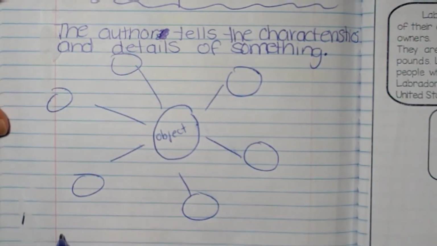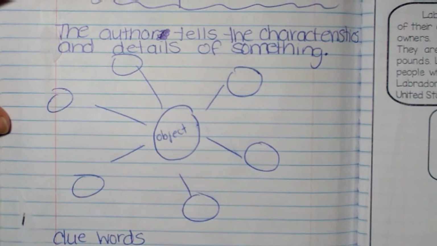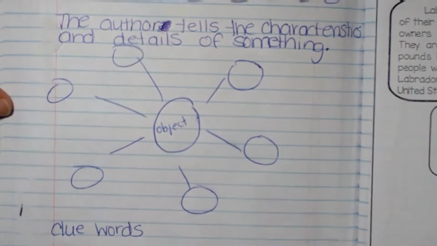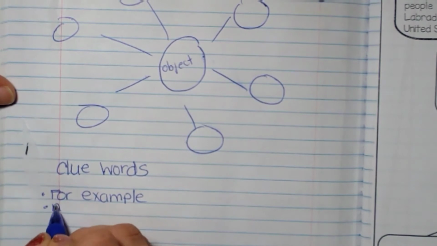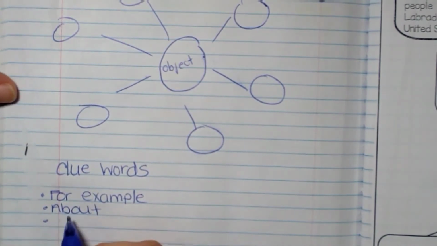So some clue words that we could use to help us determine if it is description text structure could be, for example, about. We could also use characteristics.